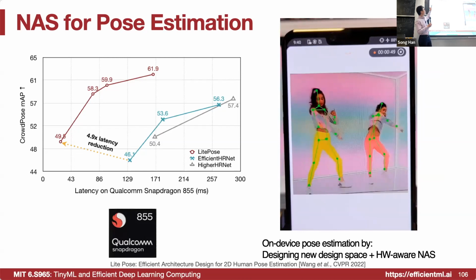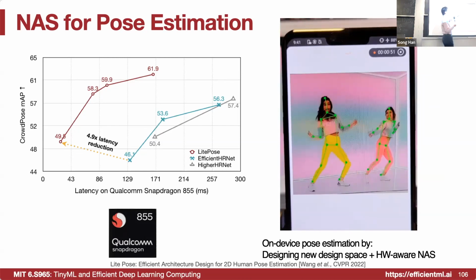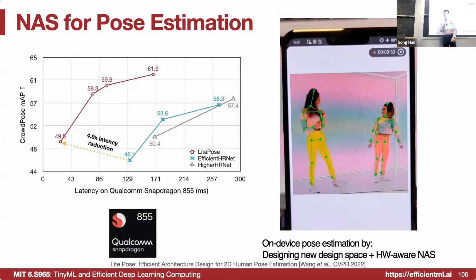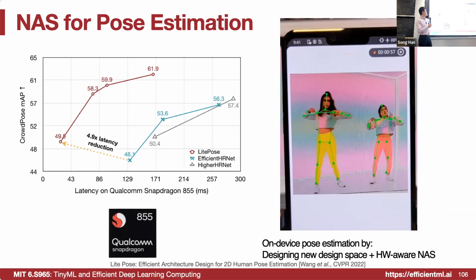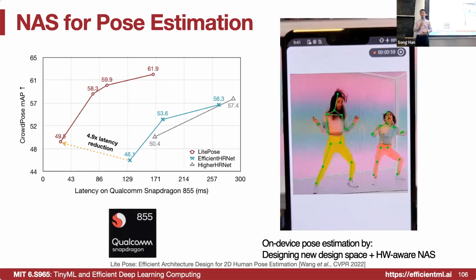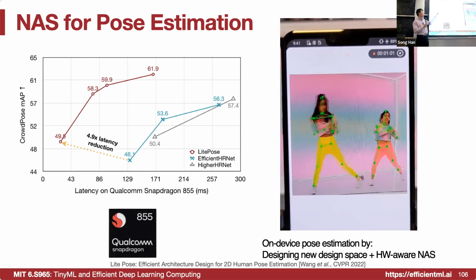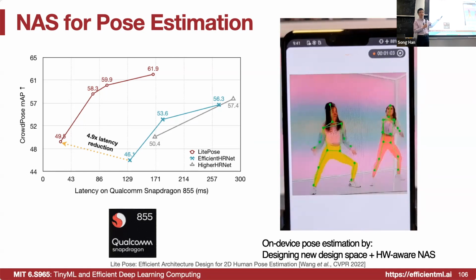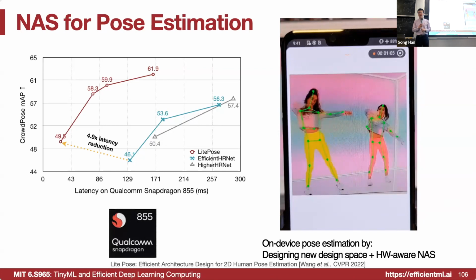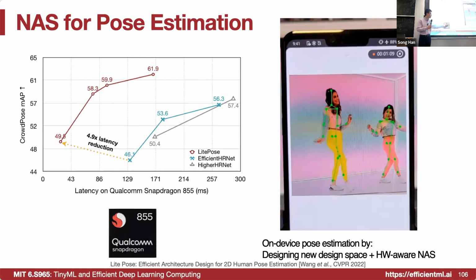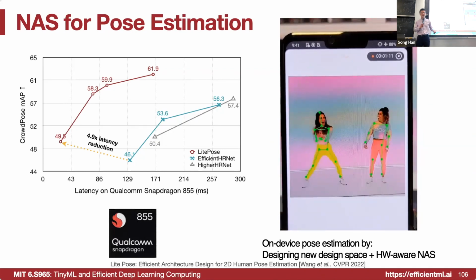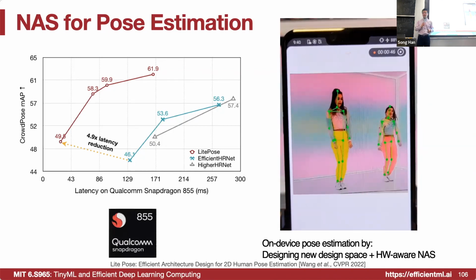Okay, finally, we have this once-for-all small network for pose estimation. We have seen this on the phone, right? And actually, this NAS-designed model can have up to about 4.9x latency reduction compared with the baseline model, okay? Running in real time on this Qualcomm Snapdragon 855 mobile SoC. This is actually quite an old SoC. Even on the old SoC, we can run it in real time.